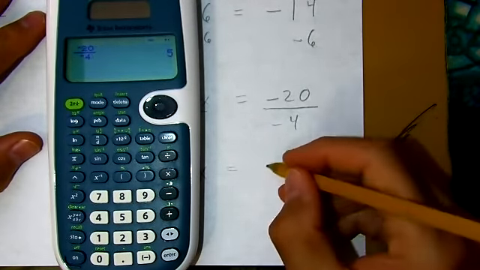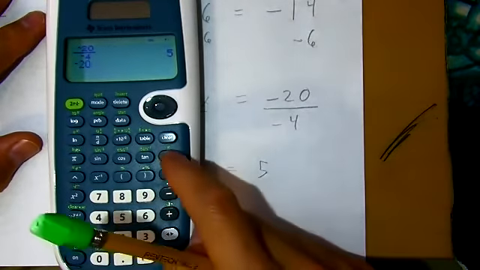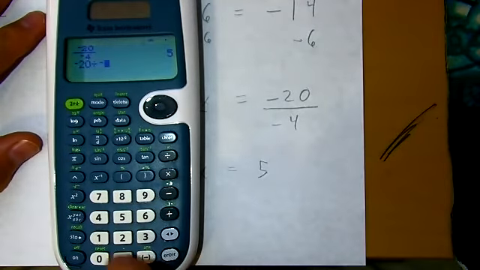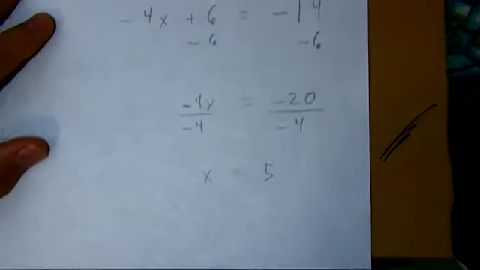It'll give you 5. Or you can just simply put -20 divided by -4, enter, and it'll give you the same answer. Because like I said, a fraction problem is just this unsolved division problem. Okay. I want you to try these.